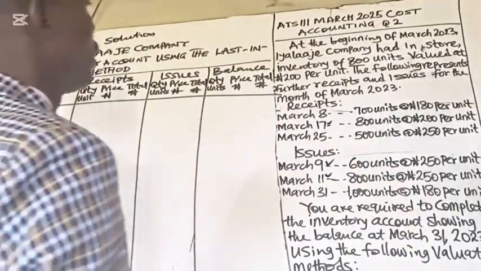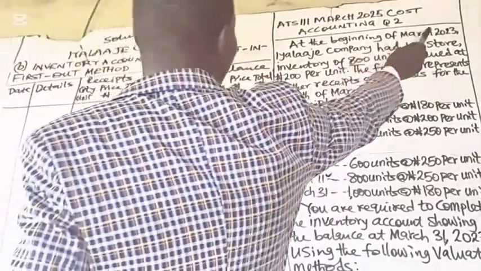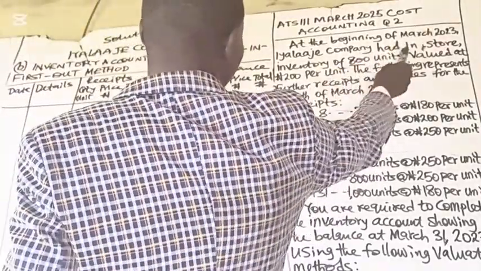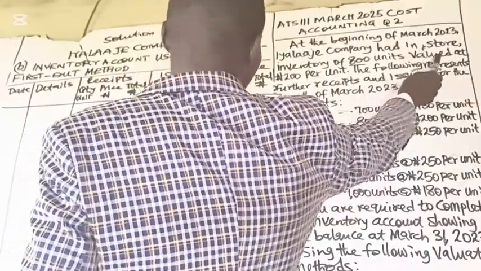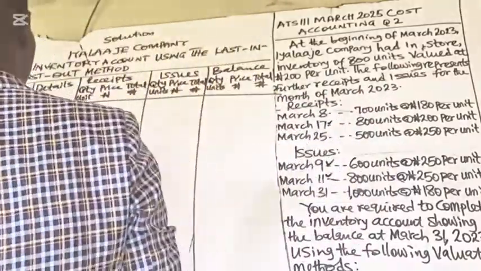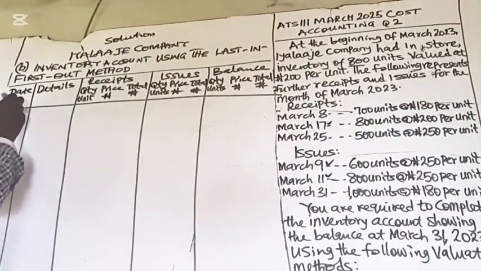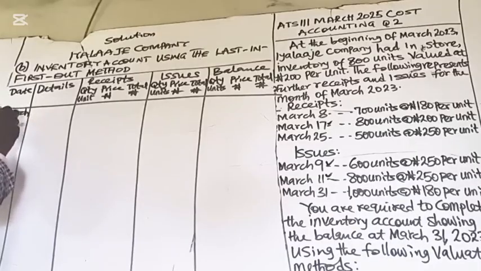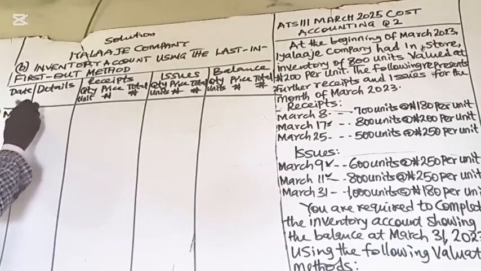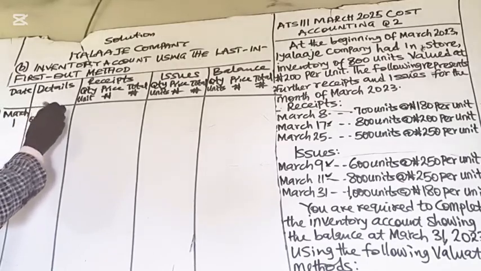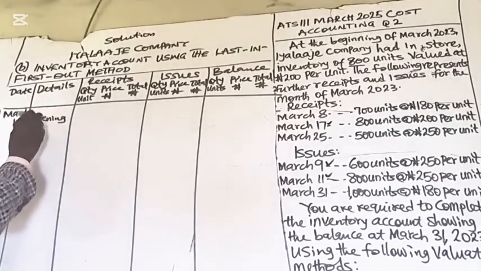Now, at the beginning of March 2023, Yalaje company had in store inventory of 800 units valued at 200 naira per unit. So, at the beginning of March, let's have that as March 1st, opening inventory.